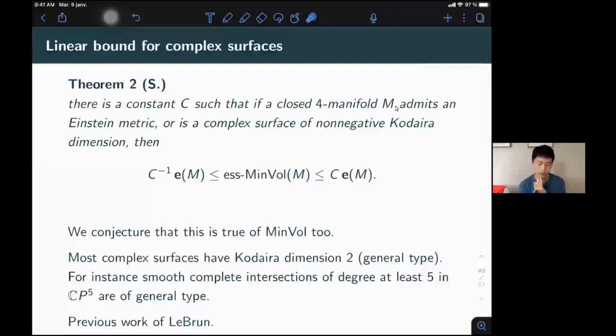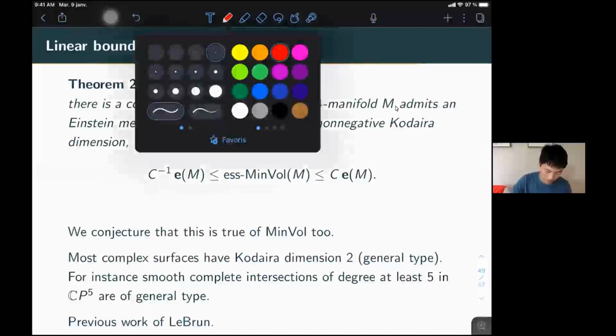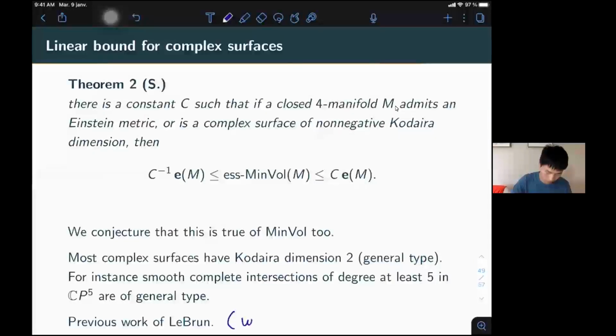I should mention that there was some previous work of LeBrun about some other kinds of minimal volumes. So LeBrun studied minimal volumes involving the scalar curvature and the Ricci curvature. And in these cases, by his use of Seiberg-Witten, he can actually compute certain of these invariants involving the scalar curvature or the Ricci curvature.